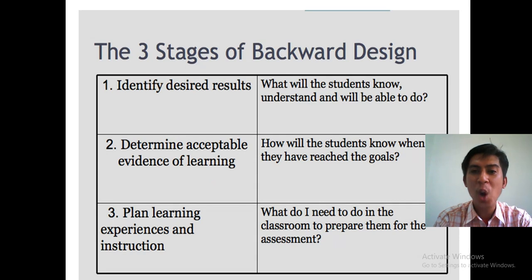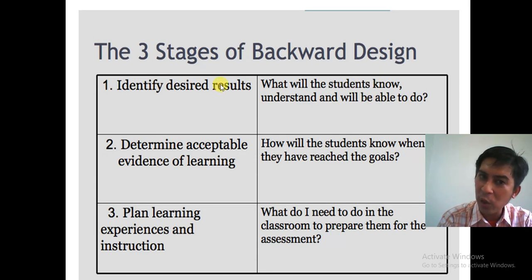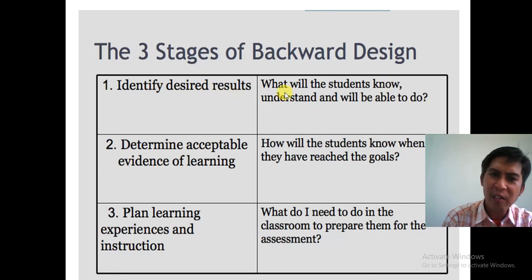What will students know, aside from what they will be able to do? Okay? Remember, there's transfer of learning here. It's not only knowing, that's the desired results. We have to apply what we know. The desired result is not just knowing, knowledge.